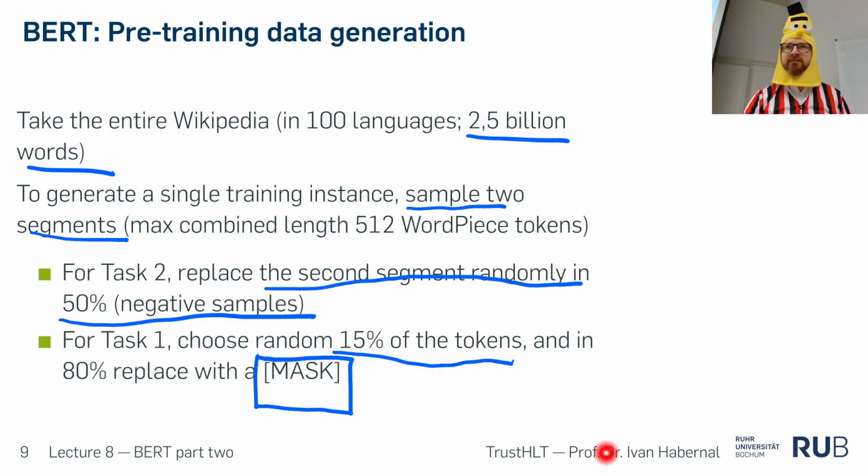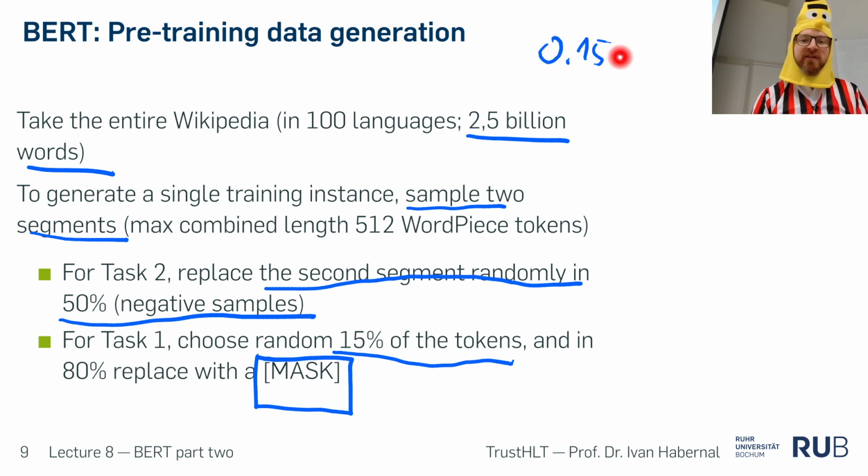Any questions? Yes, sometimes. So if you take 15% of the tokens and in 80% of them you mask, what is 0.15 times 0.8?